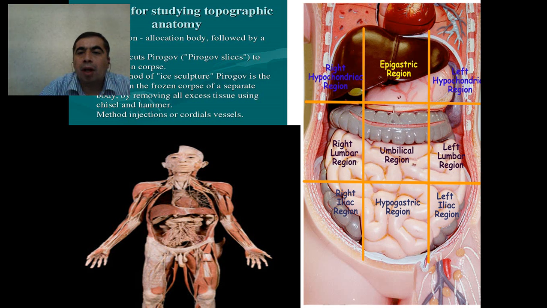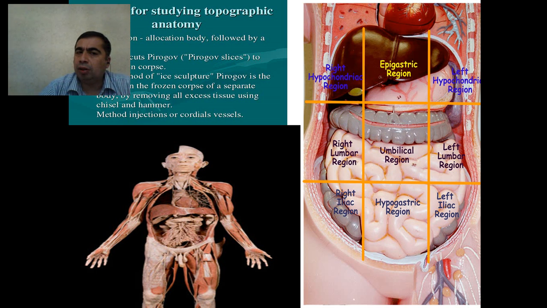Okay. For understanding the structures, we have to use methods, like first of all, dissection. Dissection is a unique method, a very interesting method.